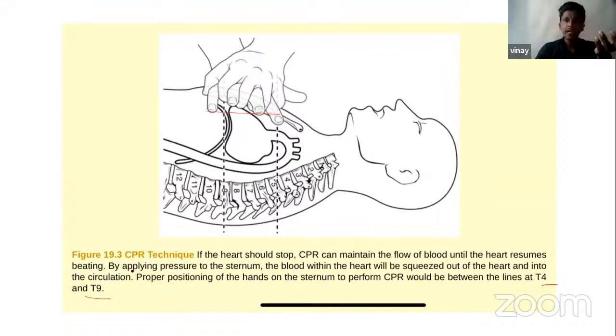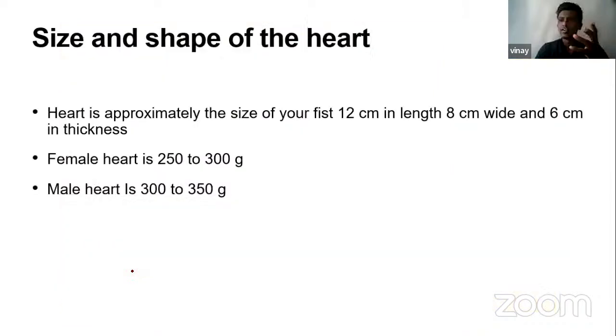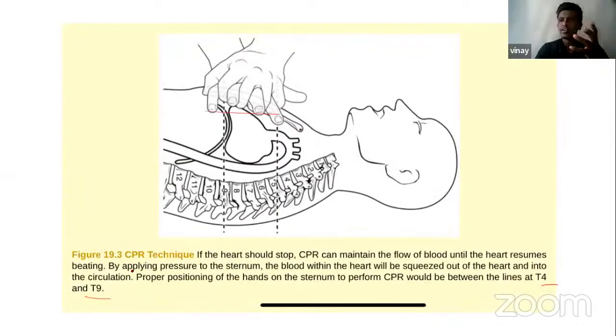Okay, T9 means thoracic vertebrae, that is your backbone. Or you just count your ribs to the five ribs, and then you press it gently and very rapidly several times, maybe 50 times or 100 times, and you keep doing it until a person resurrects. So this is a very, very life-saving technique that helps a lot in a very emergency situation, which you cannot expect when it would come. So that's why CPR is very, very important, and knowing the location of the heart is highly significant for all of us.